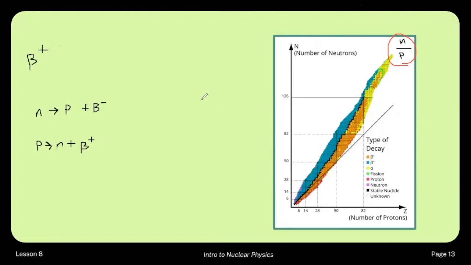Now, if we look at beta plus decay, if we start with a slope that's not very steep, and then this occurs, we lose a proton and gain a neutron. So the top increases, the bottom decreases. So this value gets bigger and our slope is going to get steeper.